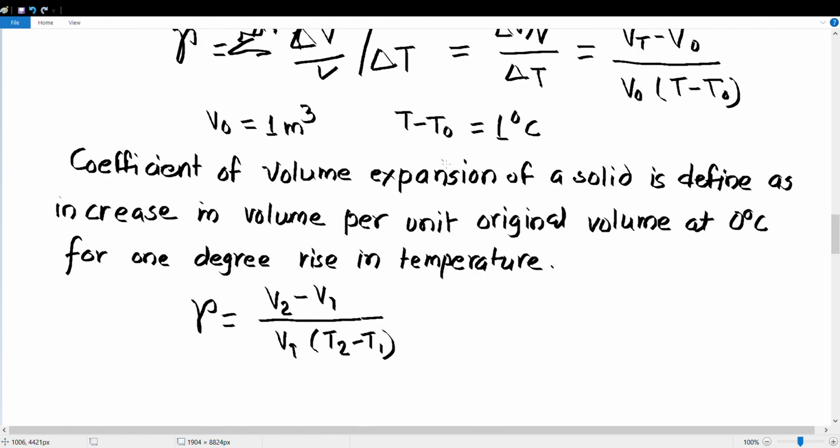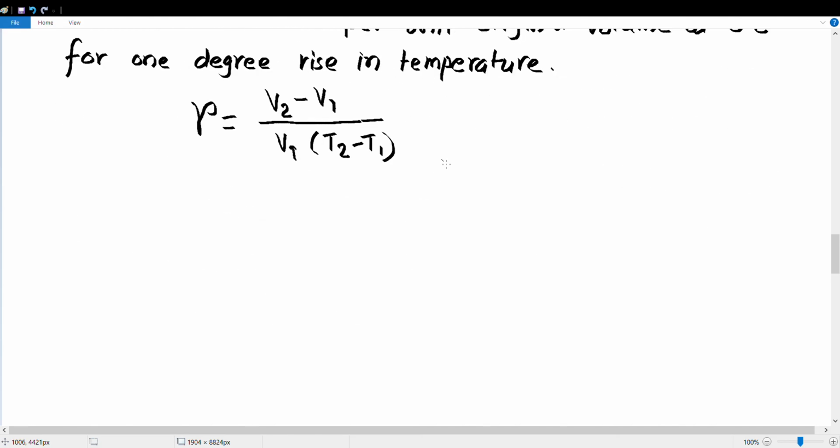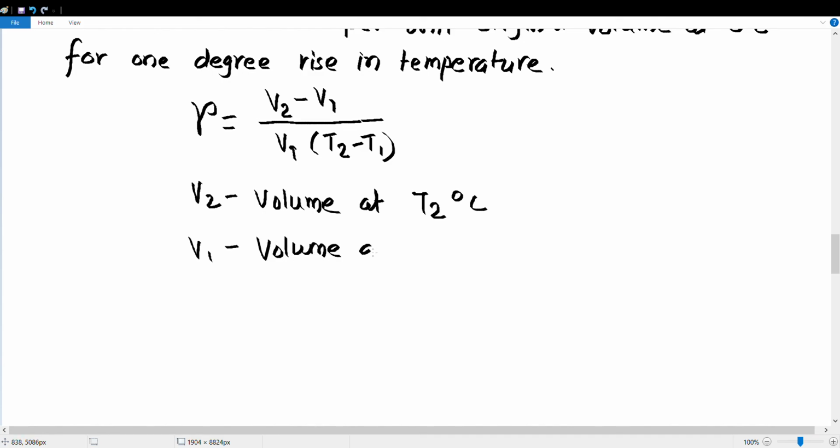This V2 is Vt and V1 is V0, the initial volume. This V2 is the volume at T2 degree Celsius and this V1 is the volume at T1 degree Celsius.